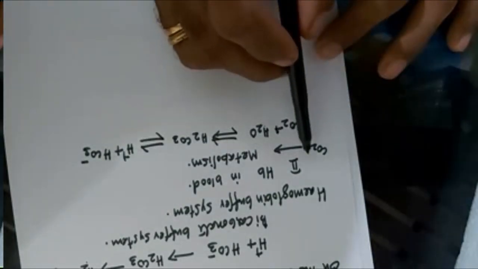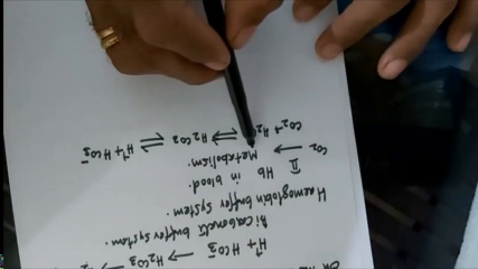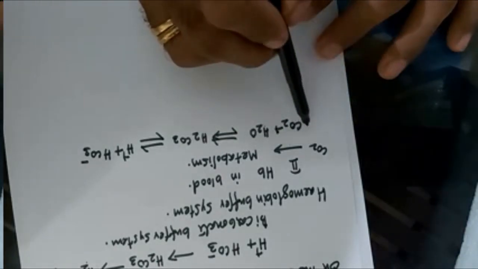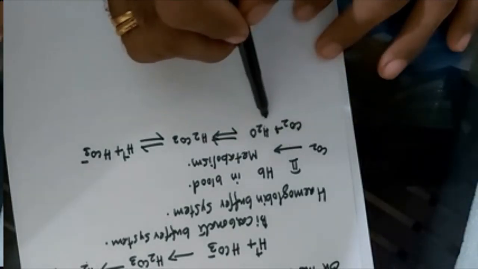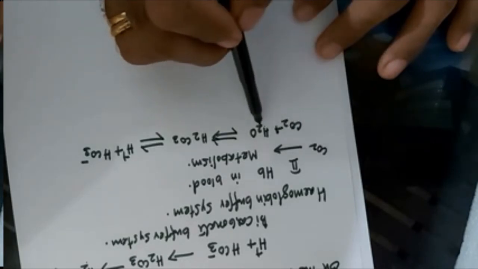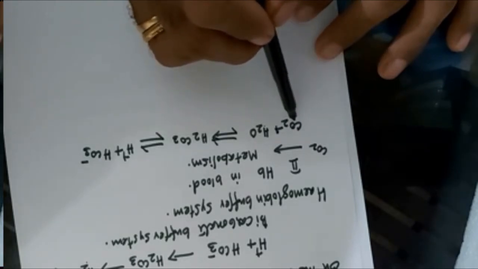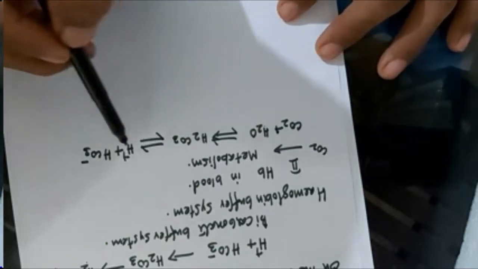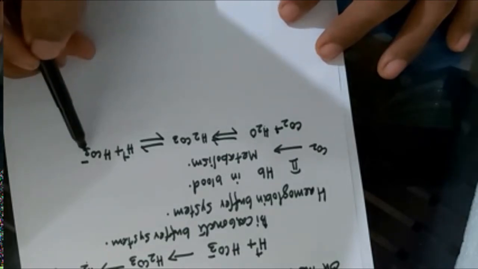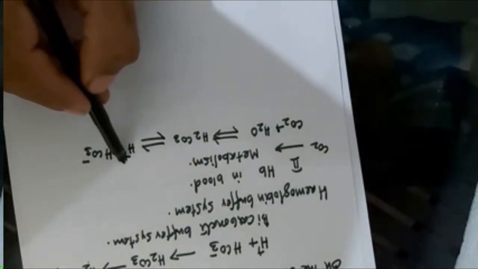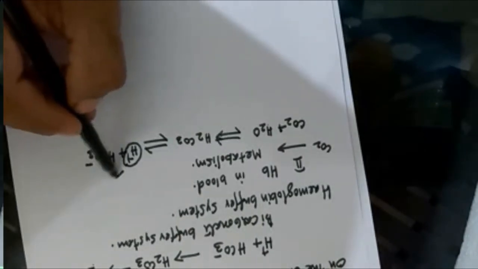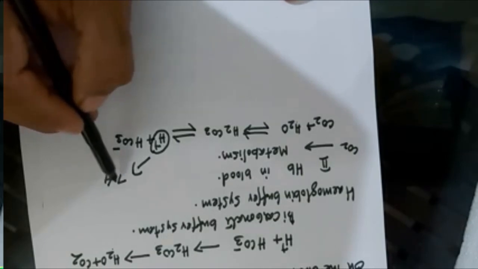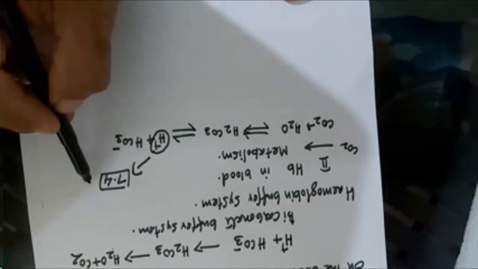So once again, carbon dioxide is produced inside the cell due to metabolism, enters the bloodstream, and from the blood it enters the RBC. There it combines with water to form H2CO3, carbonic acid, which dissociates into H+ plus HCO3- ion. This H+ ion increases the blood acidity, but the blood pH, which is actually 7.4, should be maintained at 7.4.